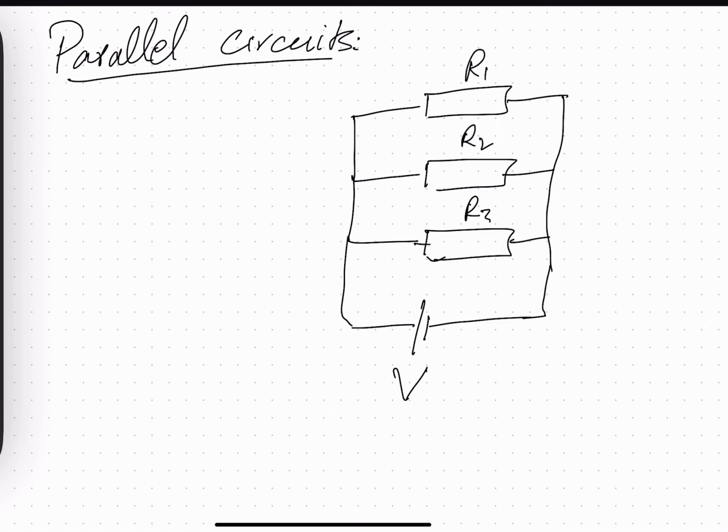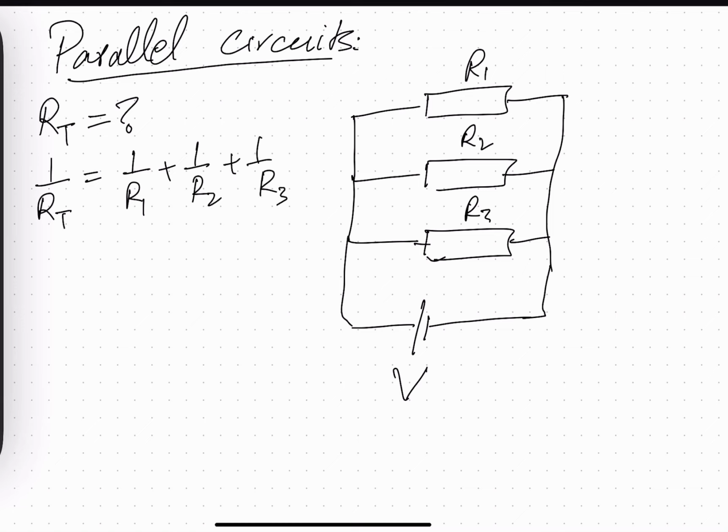Starting from the resistance, if you want to calculate R total, the relation is 1 over R total is equal to 1 over R1 plus 1 over R2 plus 1 over R3. This is the relation for total resistance for the parallel combination.